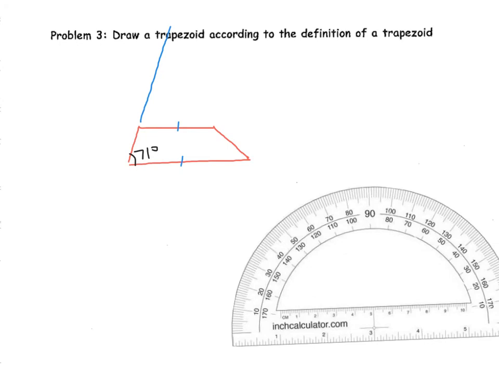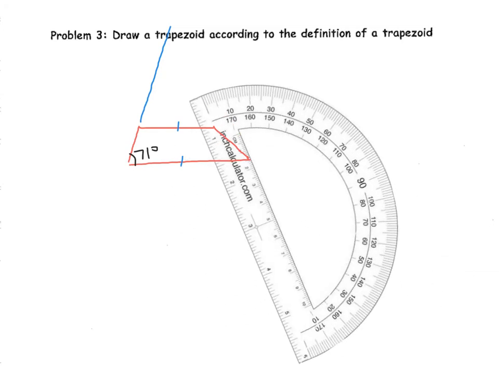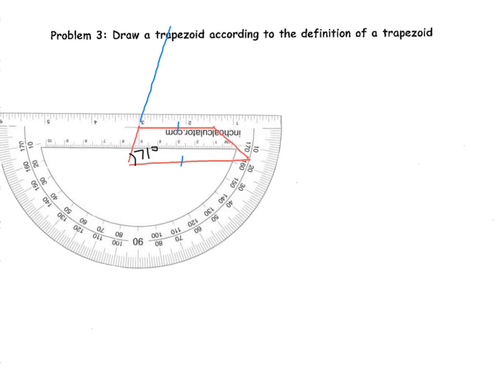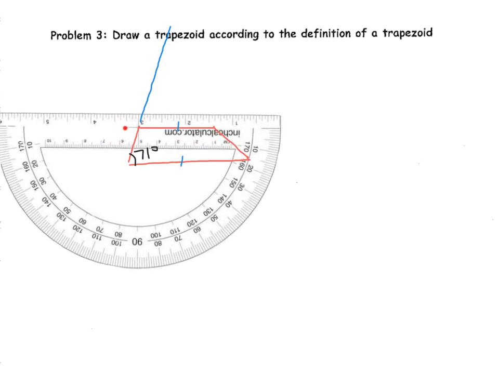So I'm going to just show you how I'm going to set up the next corner, because I'm going to actually have to flip my protractor around. See this little gray line? So I need to make sure that my trapezoid line is lined up directly with it so that this is a straight line. And then I'm going to have to extend, using my pencil, this angle.